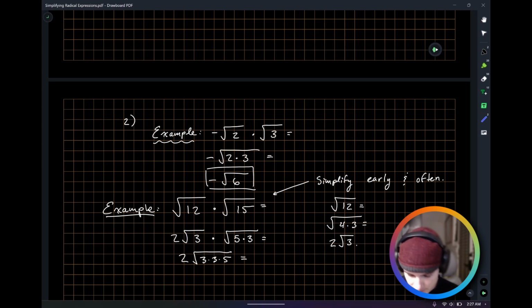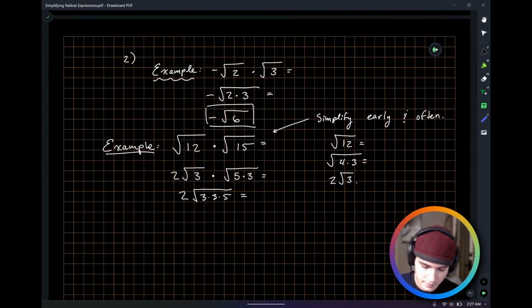So we have a match of 3's. So 3 kind of leaves the little square root house. Right, so we have 2 times 3, root 5. So our product is 6 times the square root of 5.